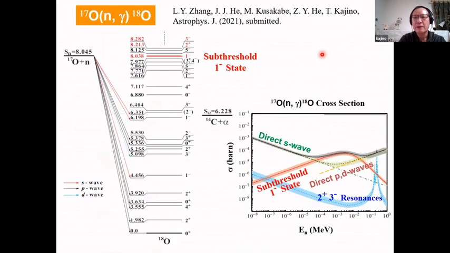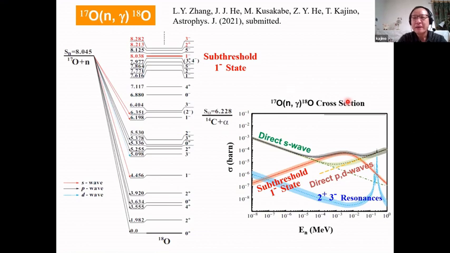Okay, also oxygen-17 plus gamma has been newly estimated. Oxygen-17, 16 or 18 are very difficult as a target because it is an oxide.